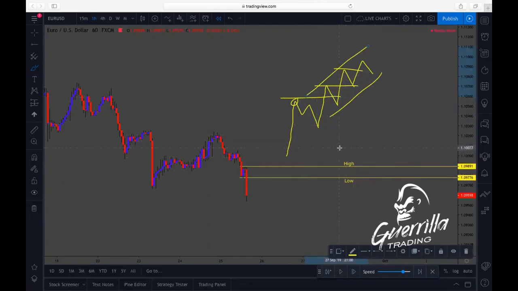Now, the reason why we have to look out for this in the market is when we get an ascending channel or a descending channel, we're likely to do the opposite to the direction we're going in. So for example, if we are going up, we expect a continuation. We expect it to continue going up with the trend.